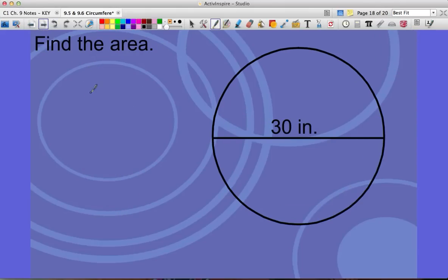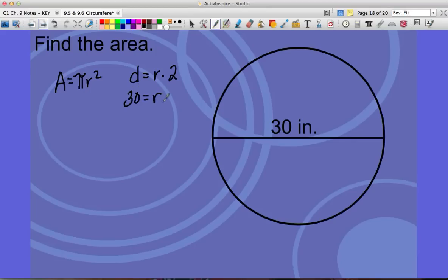Right, in this case, our formula is still area equals pi r squared, but I notice here that they gave me the diameter. So I can't just throw 30 in for r, I have to figure out what r is. Since the diameter is equal to r times 2, I can plug in 30 for the diameter.